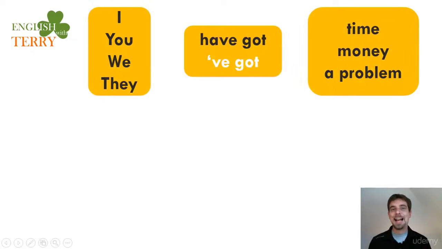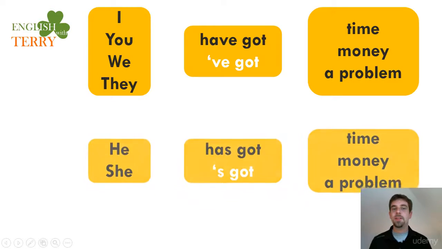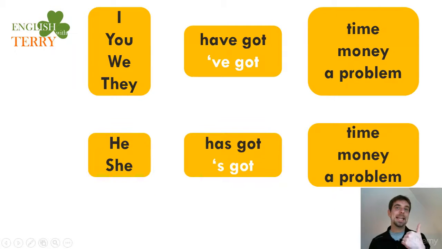Now, when we look at have got, the important thing is the contractions in speaking. So it's I, you, we, they have got, and this would be I've. So listening and repeating: I've got, you've got time, we've got a problem, they've got, etc. With he and she, we have he has got time, money, a problem, she has got that there.